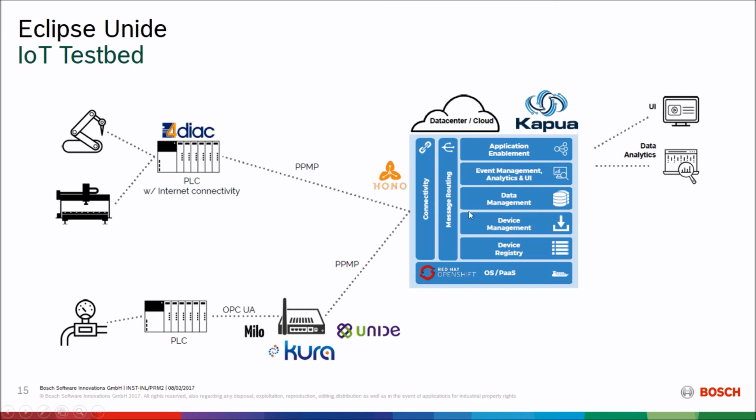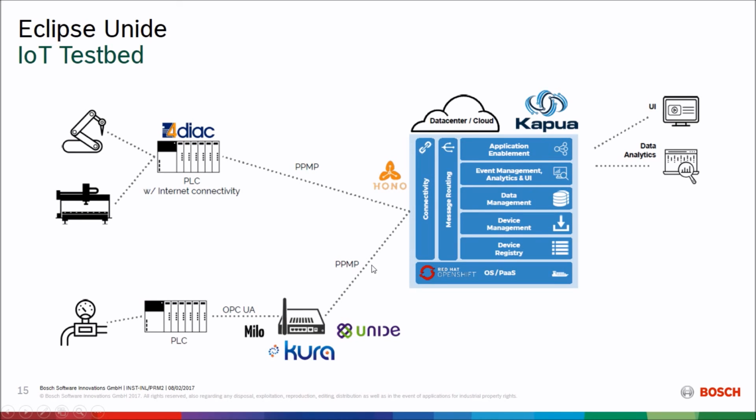And on the other hand, we want to have an IoT cloud and offer some services. And the common language inside this whole ecosystem, from the shop floor with some machines to the IoT with Eclipse Kapua, for instance, should be PPMP in that case.